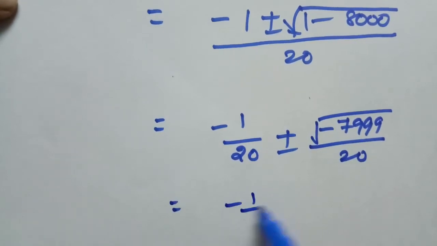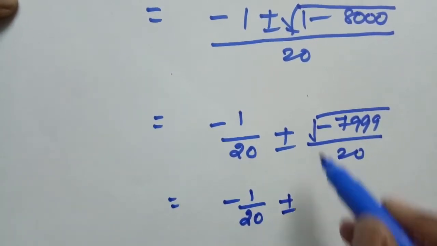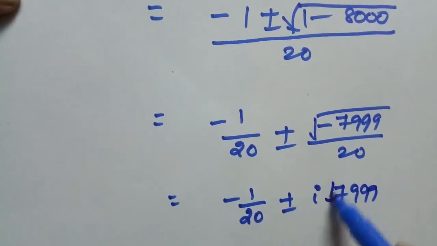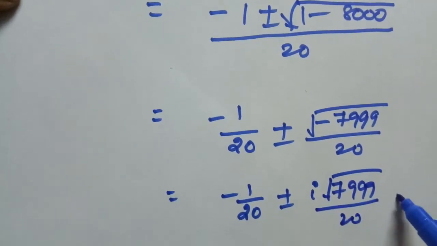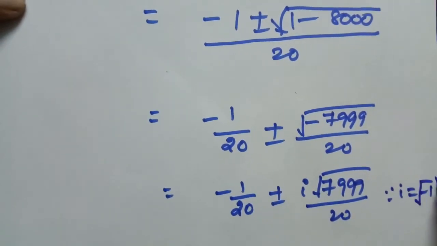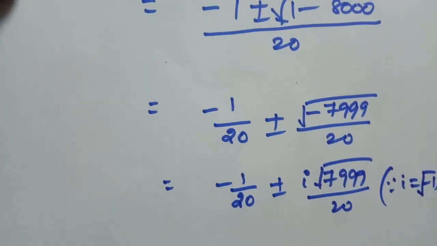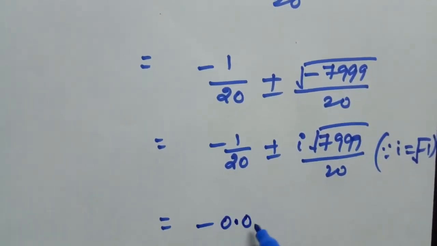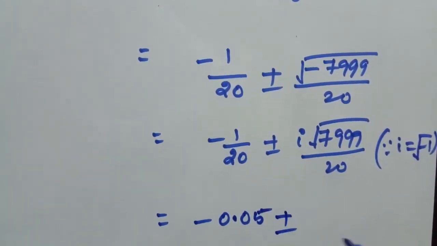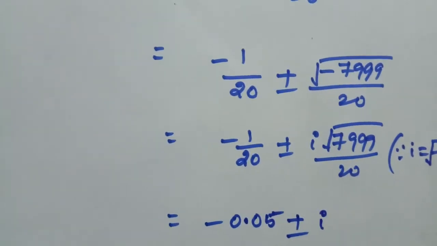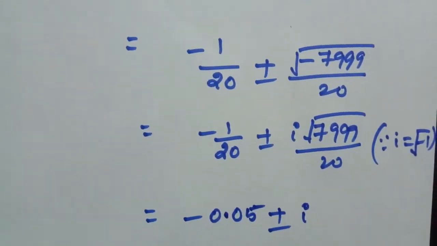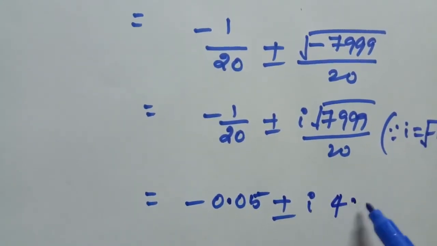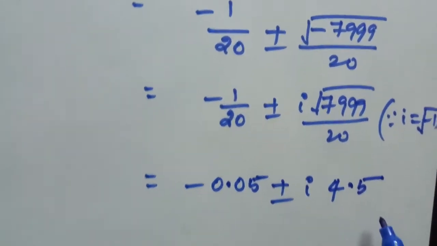Therefore this is equal to minus 1 by 20 plus or minus i square root of 7,999 by 20, since i is equal to square root of minus 1. Therefore minus 1 by 20 is equal to minus 0.05 plus or minus i into square root of 7,999 by 20, which is approximately 4.5. Therefore roots are complex.